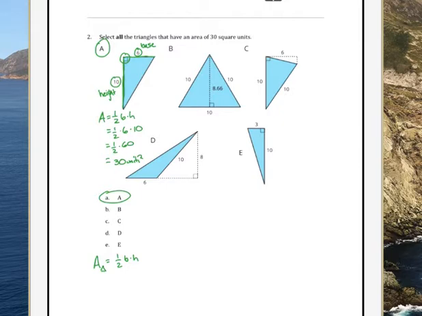All right, let's look at B. Again, here is our little perpendicular sign. So I'm going to look for anything that's attached to it. This side and this side are both attached to that perpendicular. So I'm going to call my 10 the base, and 8.66 is my height. If I use my formula, area equals 1/2 times base, which is 10, times 8.66, which is the height. I'm going to multiply 10 by 8.66 first.